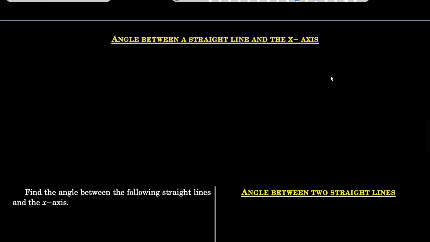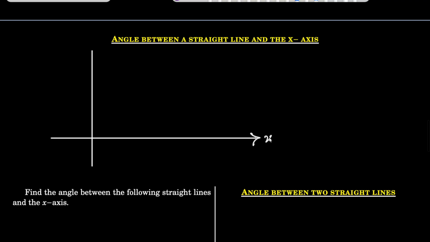To do that, again, we have to go over what we've been drawing since morning. So here we have x, it has not changed, and here we have y, it hasn't changed.